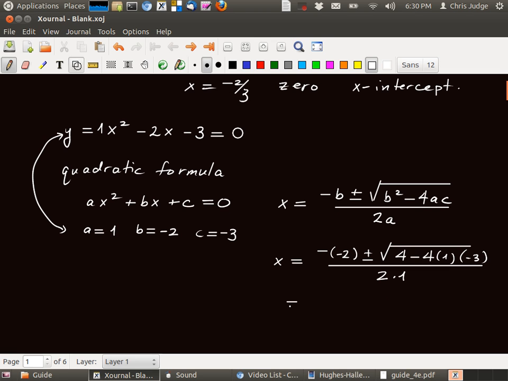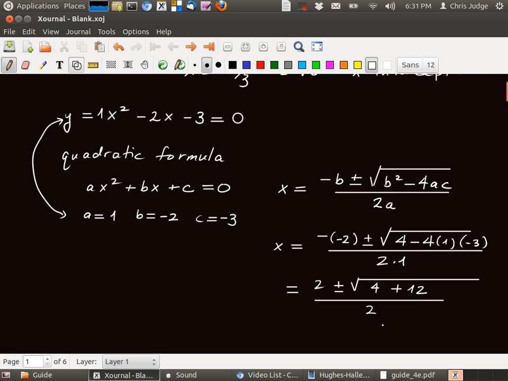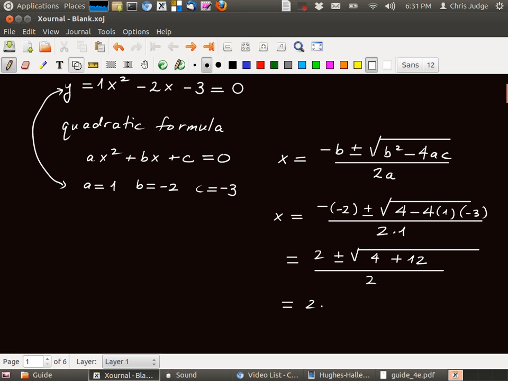Okay, so now let's simplify. Minus times minus 2 is going to be 2, plus or minus the square root of 4 minus 4 times 3, which is 12, but we have 2 minus signs, so altogether we get a plus 12, then divided by 2. Simplify further: 2 plus or minus the square root of 16 divided by 2.